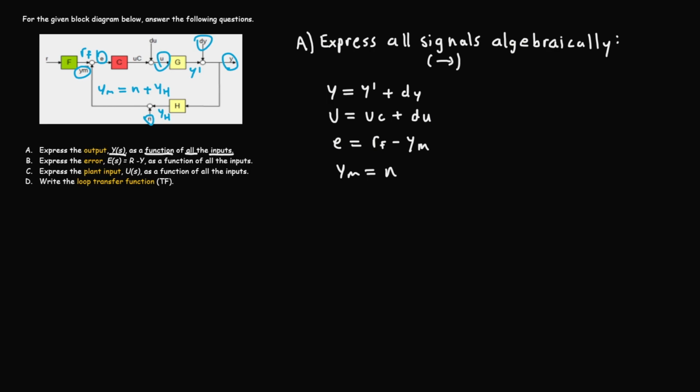So YM equals N plus YH, which is again a combination of the signals that make up YM. So now let's try to write algebraically the signals that are coming out of the blocks instead of going into them. So for example, here let's try writing y prime algebraically.